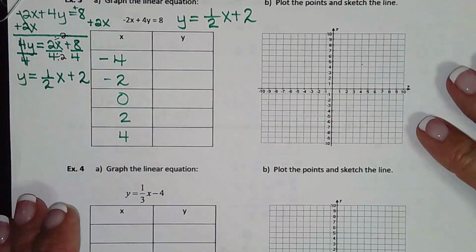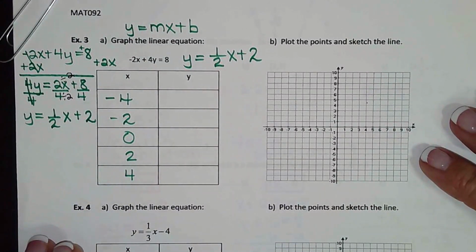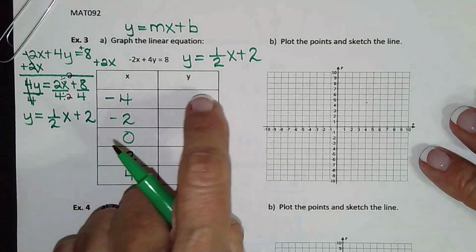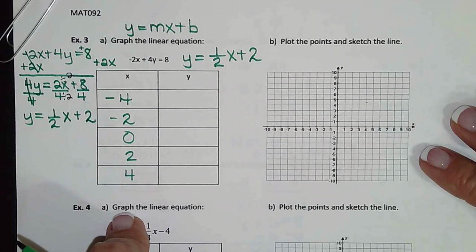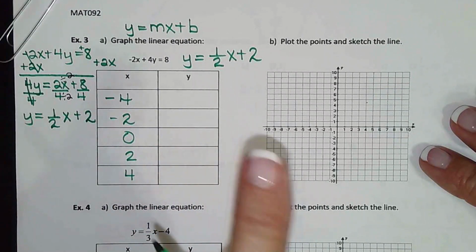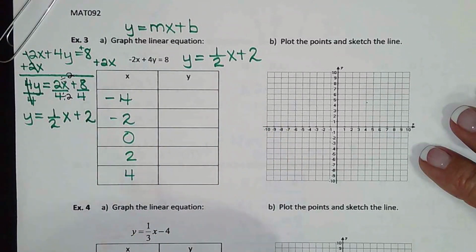Okay, so that's the only time you steer away from -2, -1, 0, 1, 2, like we did on the last problem, is when you have a fraction, you pick multiples of the denominator. Multiples mean 2 times 0, 0, 2 times 1, 2, 2 times 2, 4.